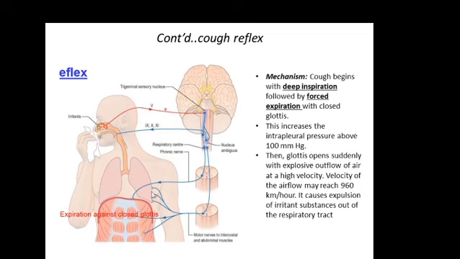All the muscles contribute to the buildup of pressure in the lungs, which will be more than the pressure in the atmosphere. But that air will not be expelled because the glottis is closed, until it reaches a particular pressure that will open up the glottis, pushing air out of the respiratory system. So this is just the cough reflex. We'll be referring to these later on. There are also other reflexes, like the sneeze reflex and yawning reflex. We'll still come back to this.